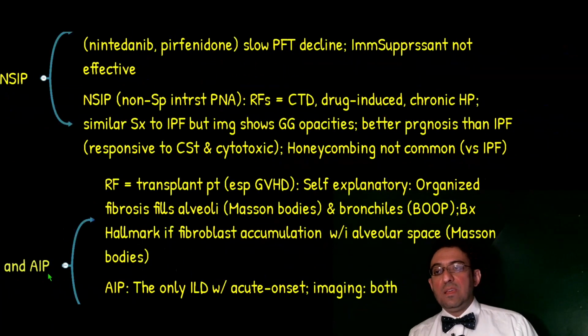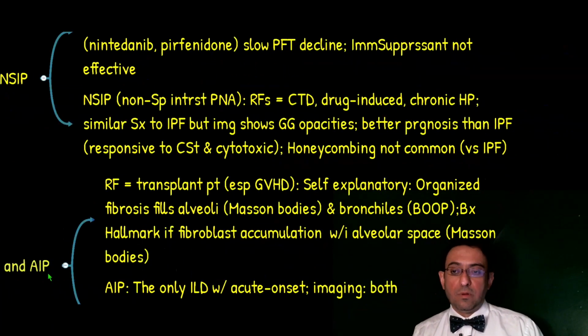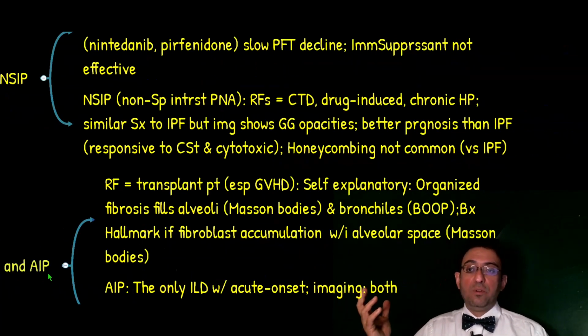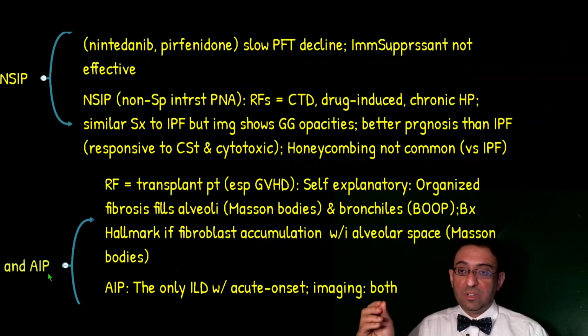Well, the name is self-explanatory. Organizing pneumonia refers to a fibrosis process that fills the airspace. And bronchiolitis obliterans means this process of fibrosis obliterates the small airways, the bronchioles. So simply bronchiolitis obliterans organizing pneumonia.